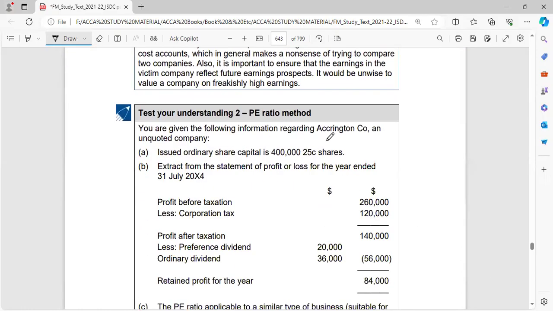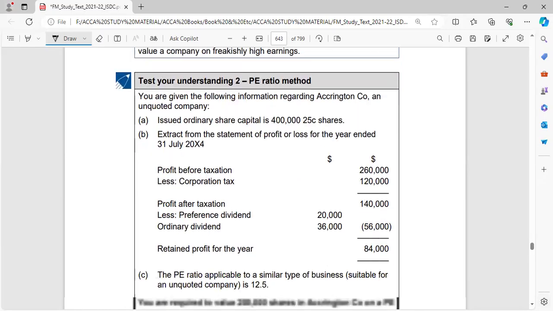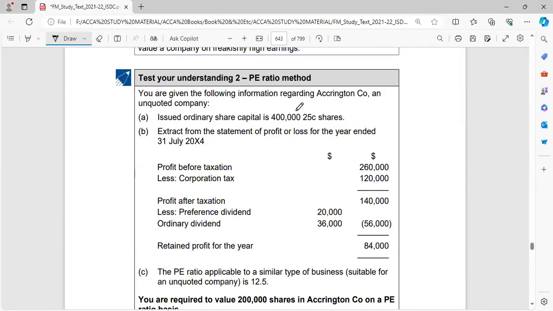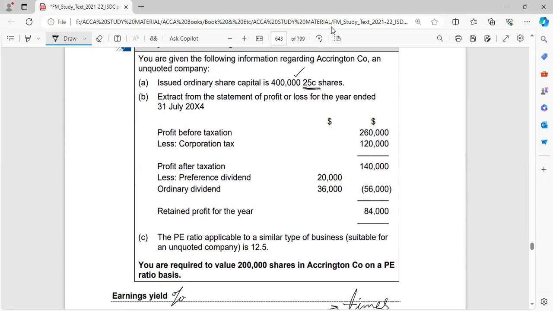You are given the following information regarding an unquoted company. Ordinary shares in capital is 400,000 shares, 25 cents is the par value or nominal value. Extracts from the statement of profit and loss for the year ended 31st July 20x4: profit before taxation 260,000, corporation tax 120,000, profit after taxation 140,000, less preferred dividend 20,000, then ordinary, and we have retained profit 84,000.